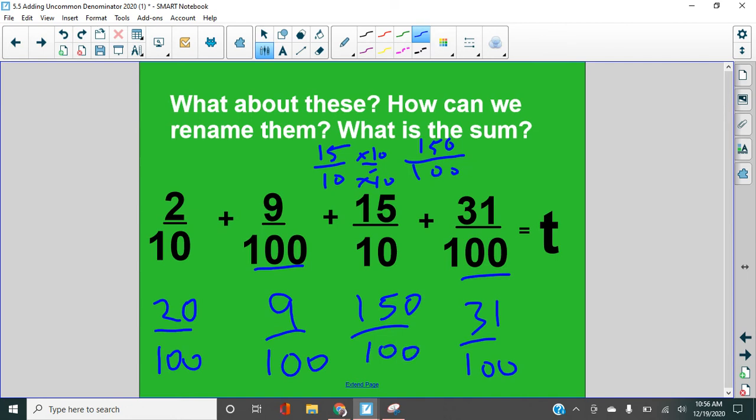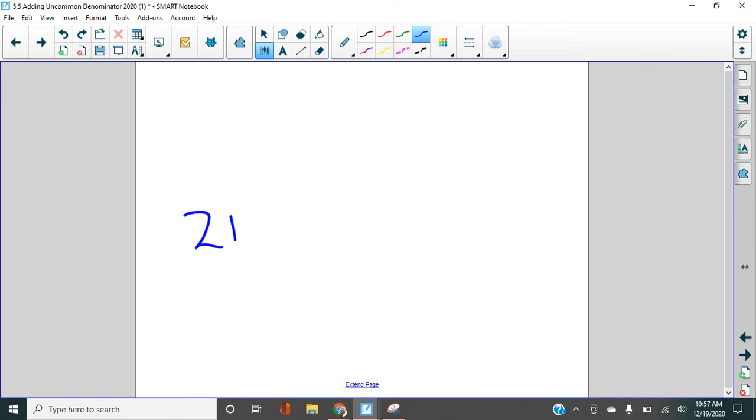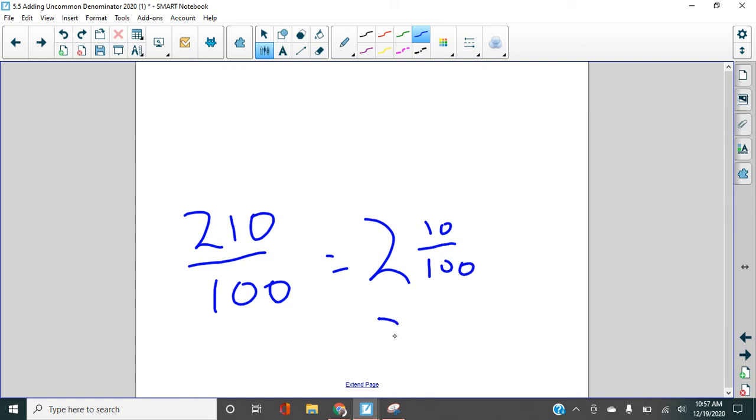If I add all of that up, that's 210 over 100. And if you want to put that as a mixed number, 100 out of 100 would be one whole, 200 out of 100 would be two wholes, and then 10 hundredths left over, or 2 1/10. Any of these three answers, right now I'm going to count as correct. This is the mixed number. This is what's called a reduced mixed number.